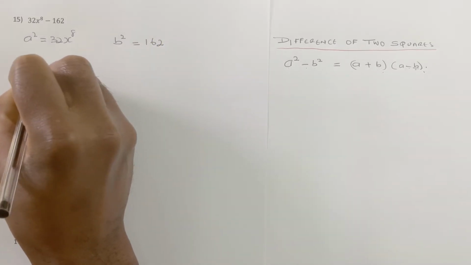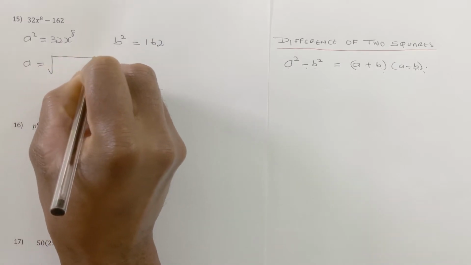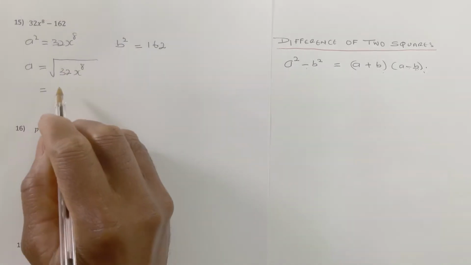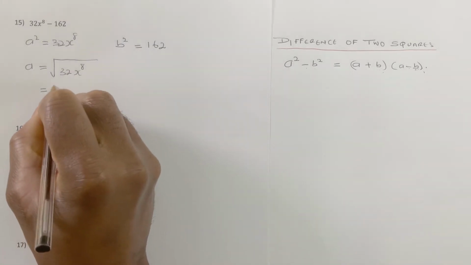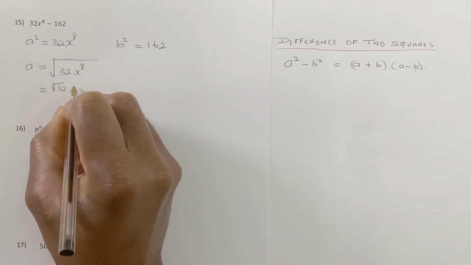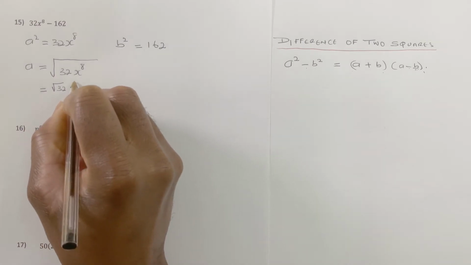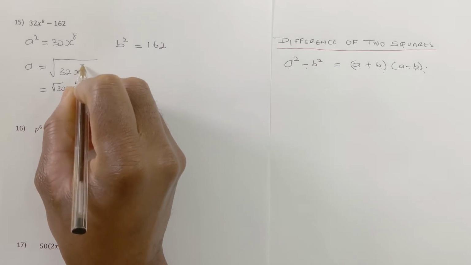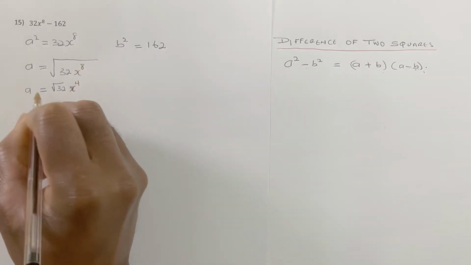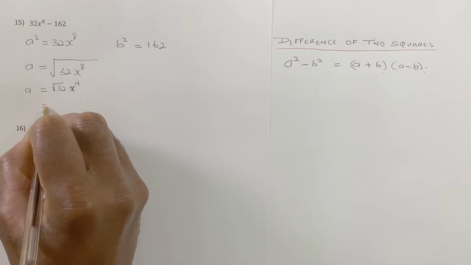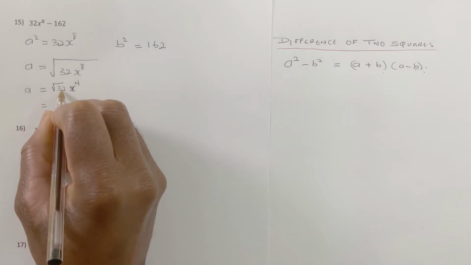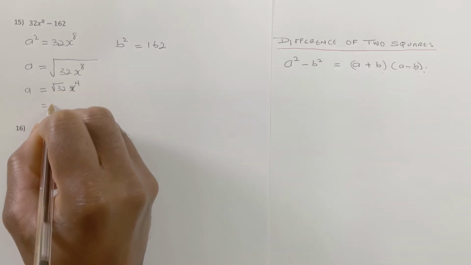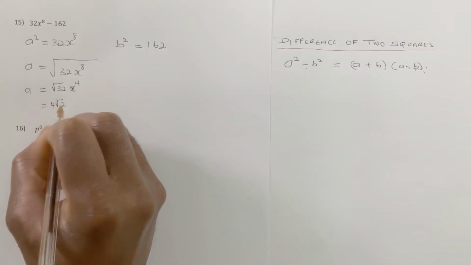So a would then be the square root of 32x to the power of 8. So we could have root 32 x to the power of 4, because that would be 8 divided by 2. Root 32 is basically root of 16 times 2, and root of 16 is 4, so that would be 4 root 2.